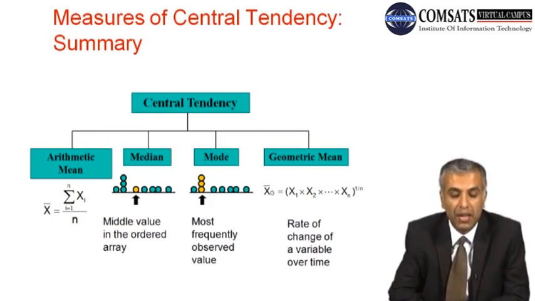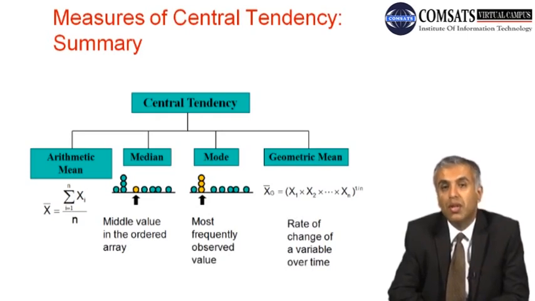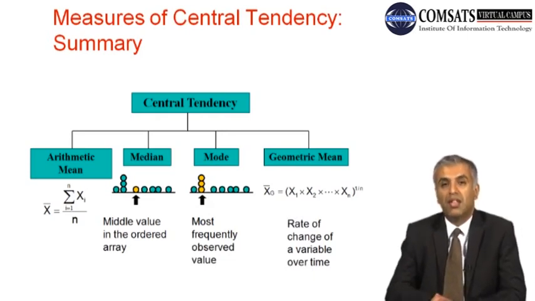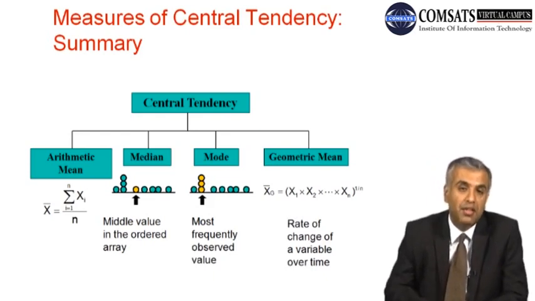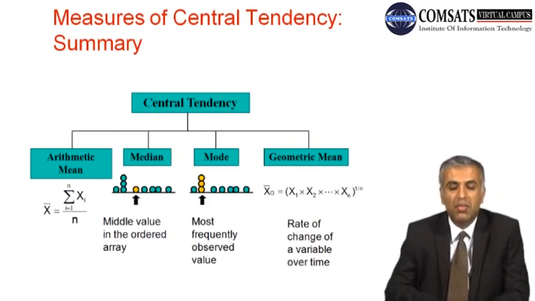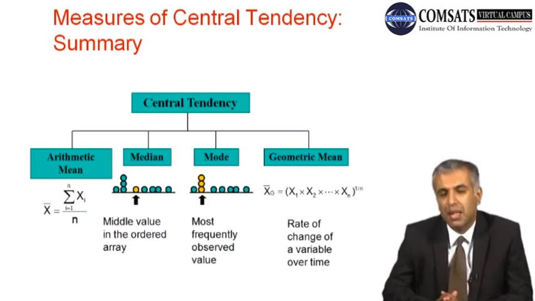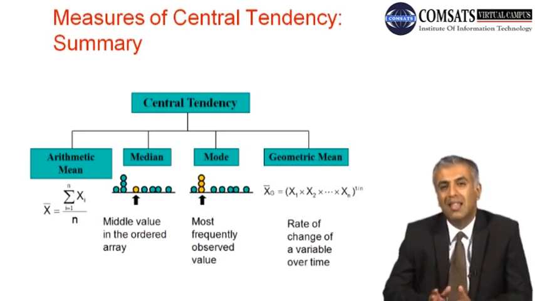Then mode again is the most frequent value which has occurred in the data sets. And then the geometric mean, just like we have studied now, is the rate of change of a certain variable over time. So these are the four concepts which are very much emphasized while studying the data set.